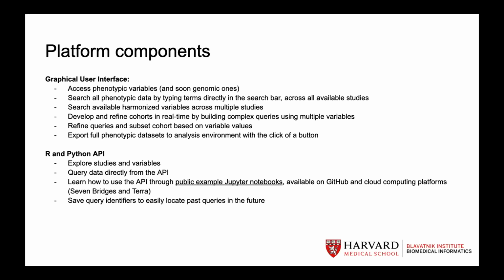And you can download the data with only a click of a button. And the R and Python API works with the same mechanism for more seasoned users. You can explore the available data, and you can directly download those data very easily.